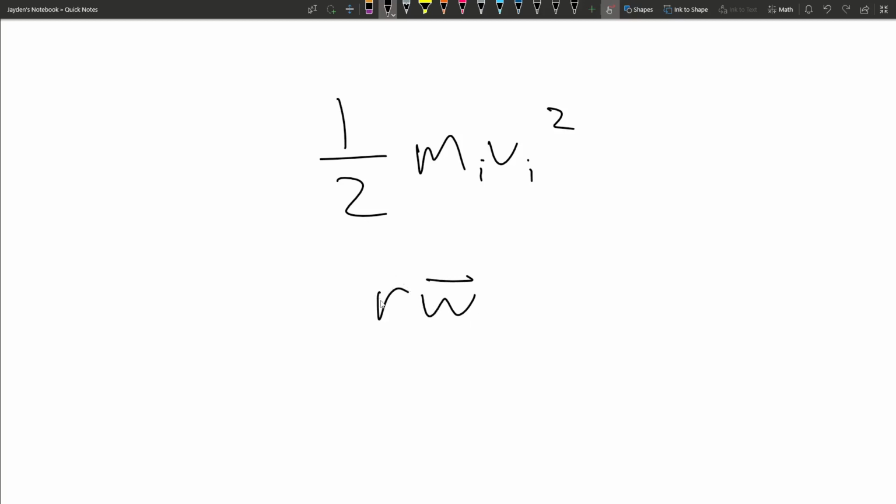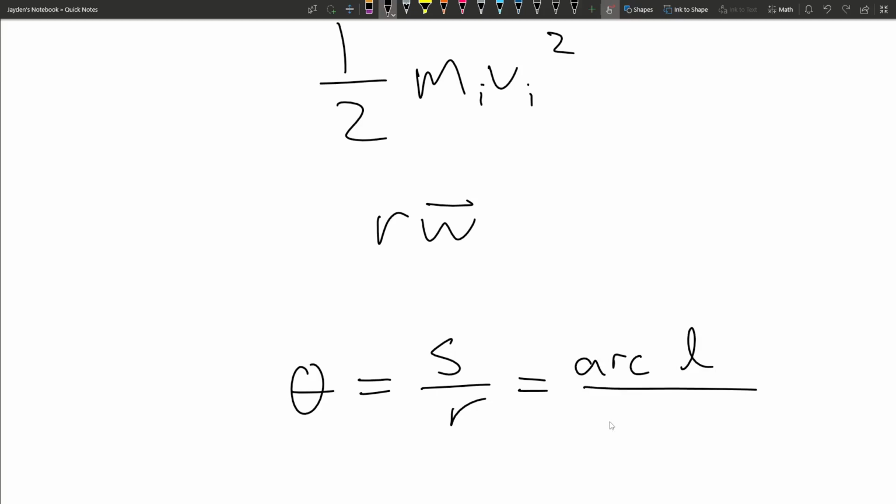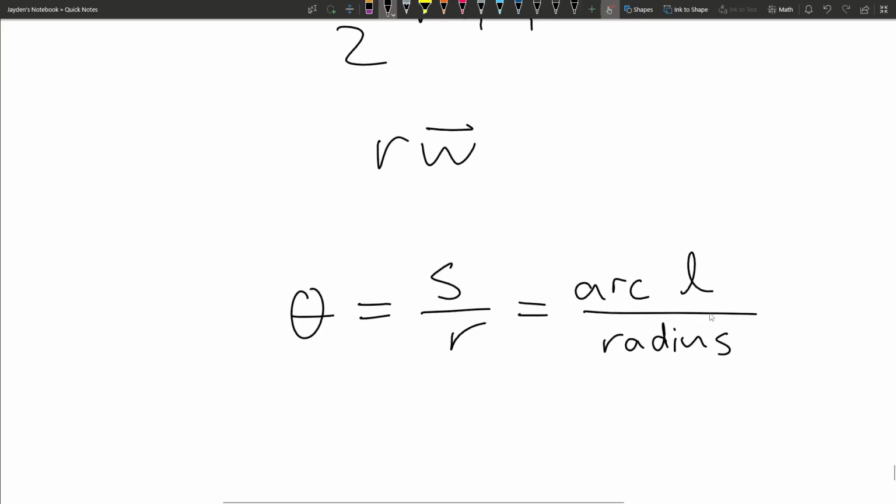The reason we can replace it with this is because of the definition of a radian. A radian is basically the arc length divided by the radius. That's the definition of a radian.